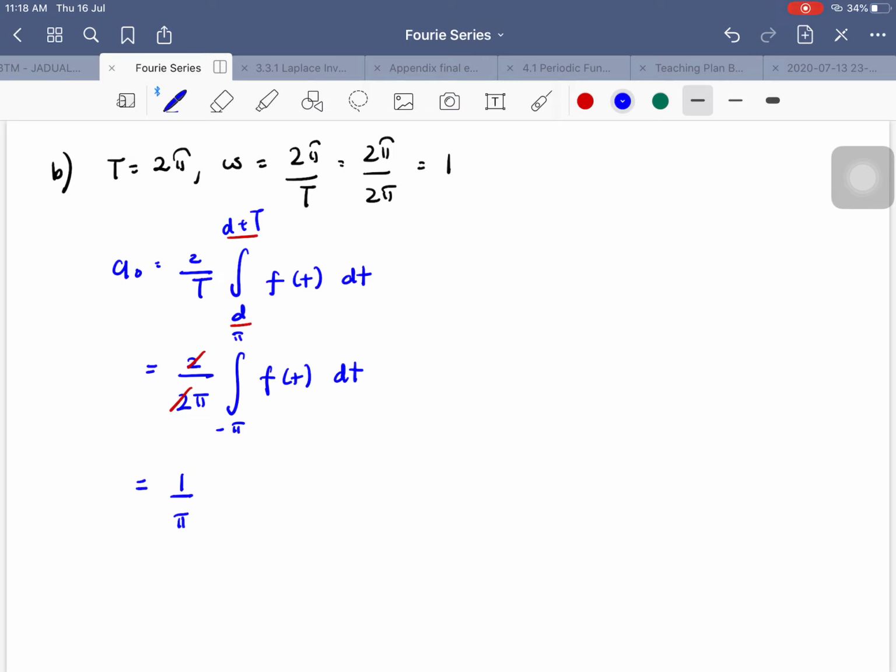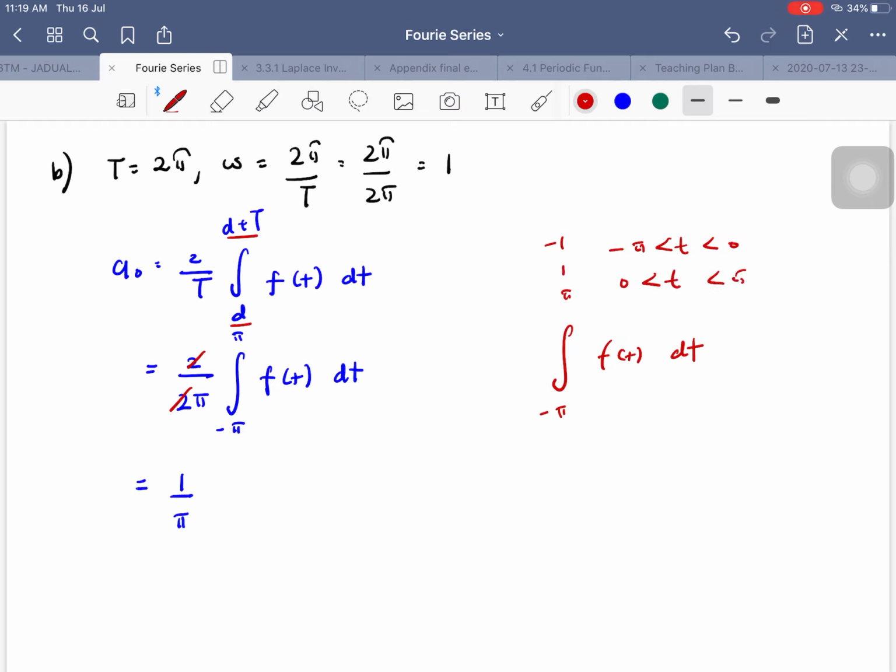However, be careful when you want to substitute this. If I were to substitute into the integral from negative pi to pi of the function f of t dt, there will be two integrations. Why? Because you have to remember that from negative pi to 0, my function is given by negative 1, and from 0 until pi, my function is given by 1.